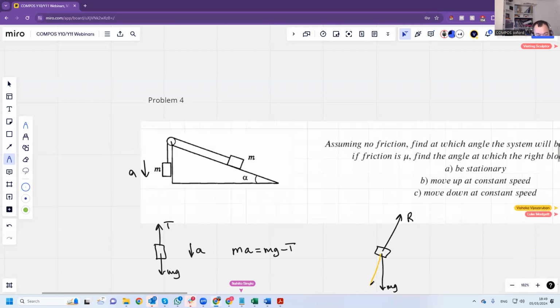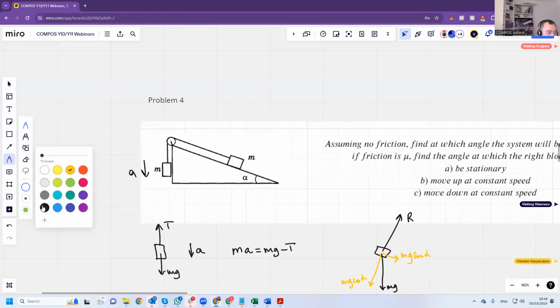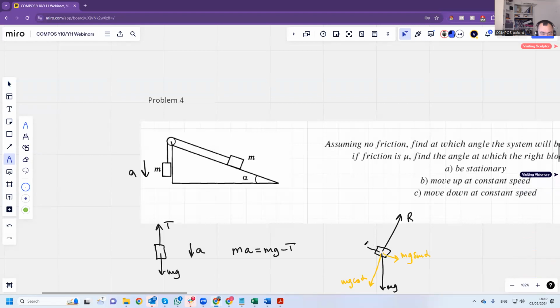We have mg sine alpha, we have mg cos alpha, we have the tension force pulling up, and we have the friction force pulling down.